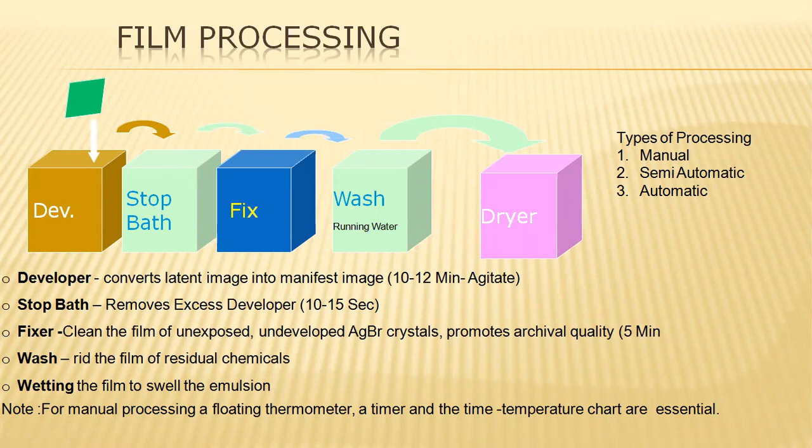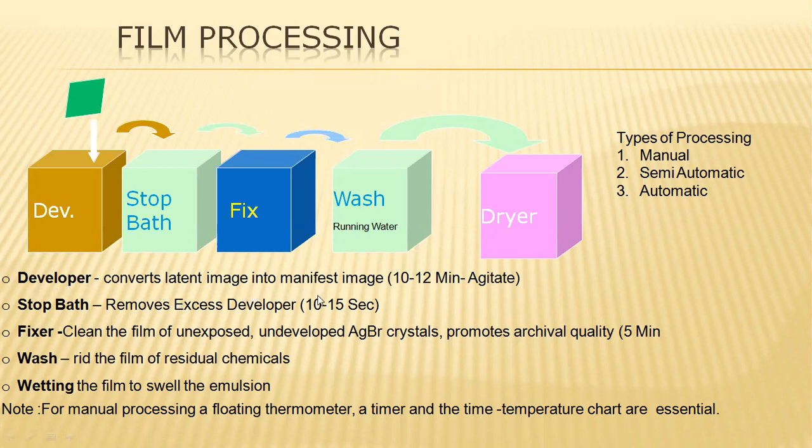After getting the specimen ready, it will be fixed in the channel. After fixing, the washing, nothing but running water, will be placed over there, and then it moves on to the dryer accessories. So here, see clearly, the developer.